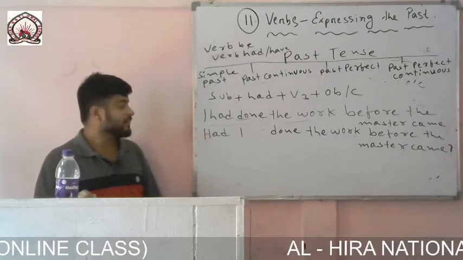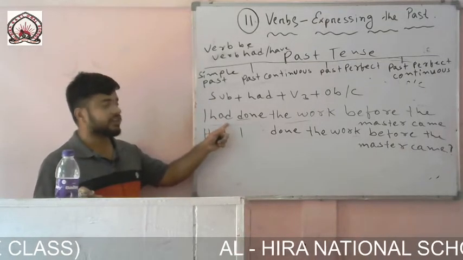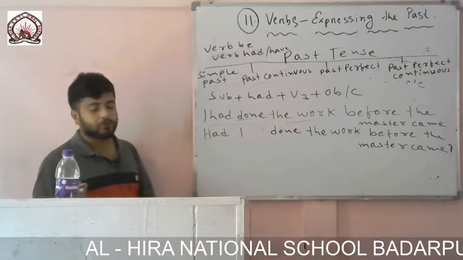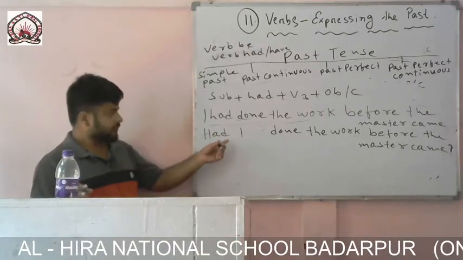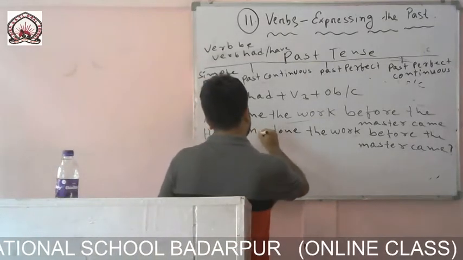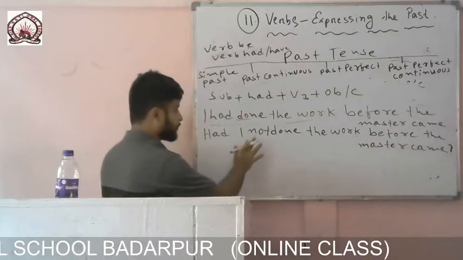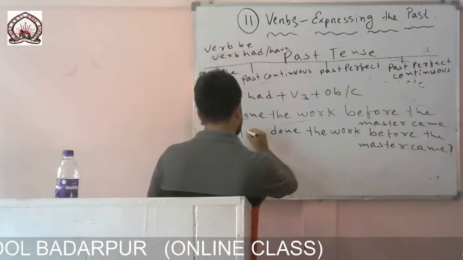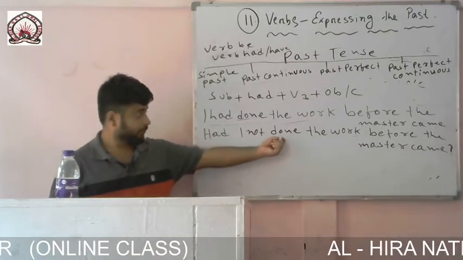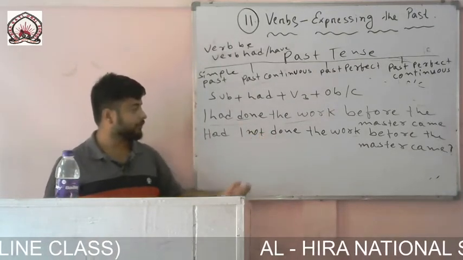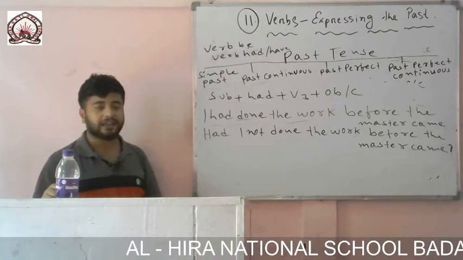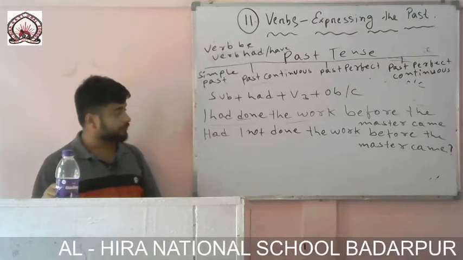Now if I want to change this affirmative sentence into interrogative negative, then I have to add not after I. Had I not done the work before the master came? Before the main verb, I have added not. Had I not done the work before the master came?